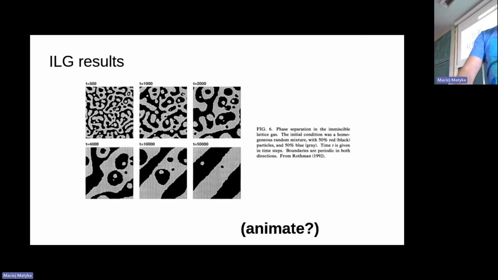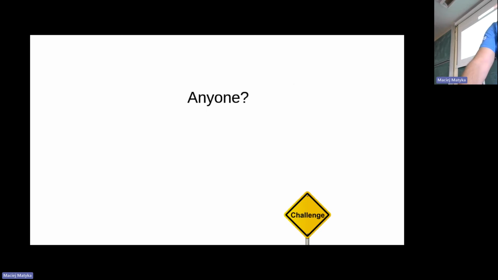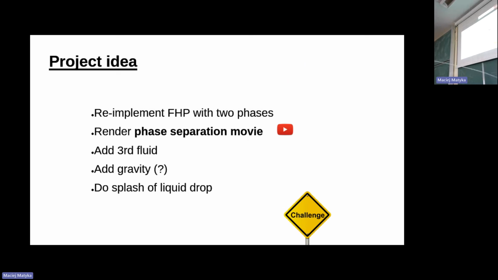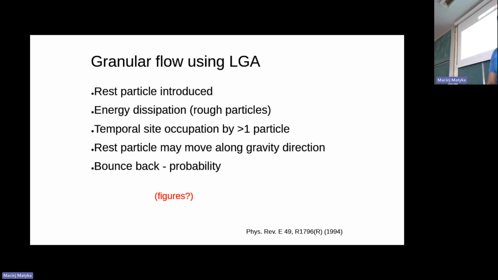If you had such a situation, and you put in gravity, and for instance, one fluid would be here, and there would be a droplet of the second fluid, you probably would be able to reconstruct the droplet phenomenon with this model, if you add the gravity and do the splash drop. And obviously, the third dimension would be very interesting.